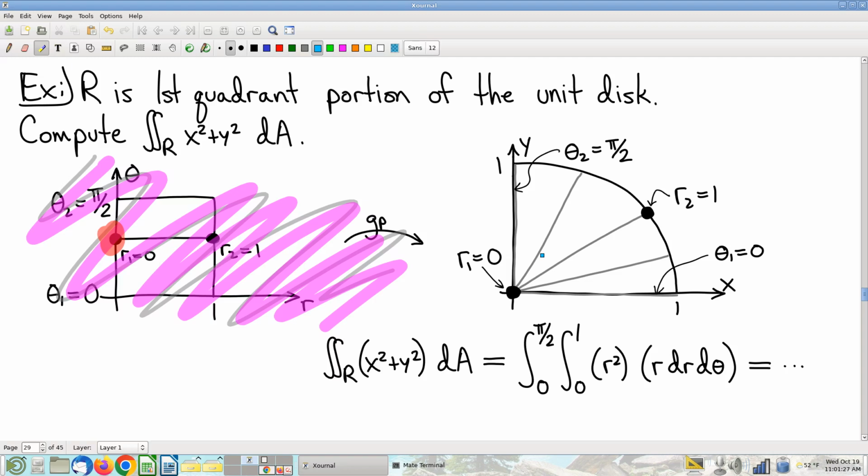And the change of variables is there. Again, you are truly doing a change of variables. You just don't see it. So this is what we call doing an integral in polar coordinates. It's a hidden change of variables using the polar coordinates function as a change of variables function.